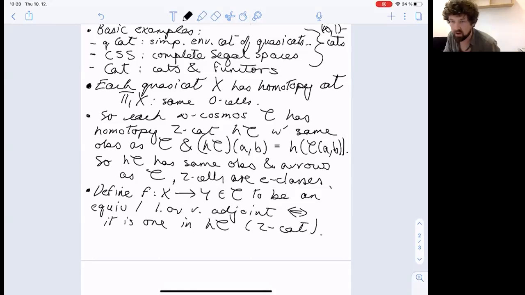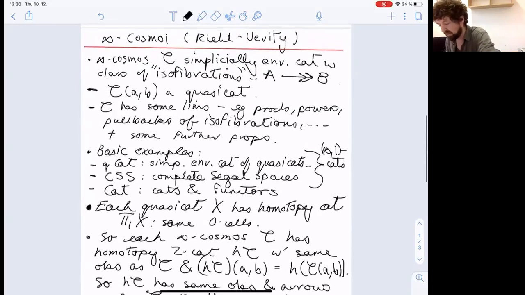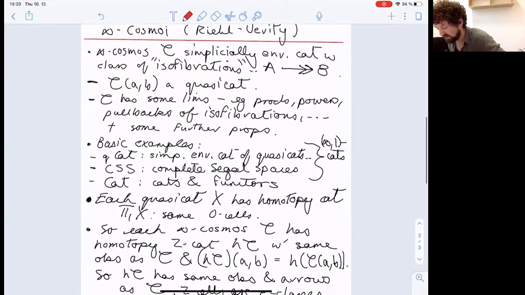There's a whole theory of equivalences and adjoints in 2-category theory. So this enables us just to import all of that to study these different notions of infinity-one categories.